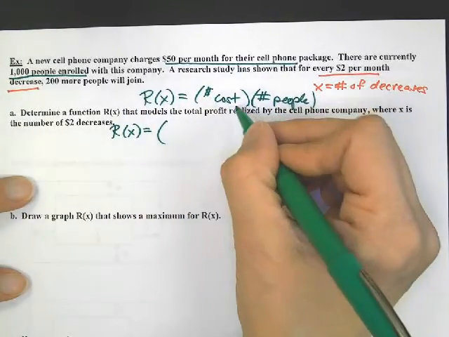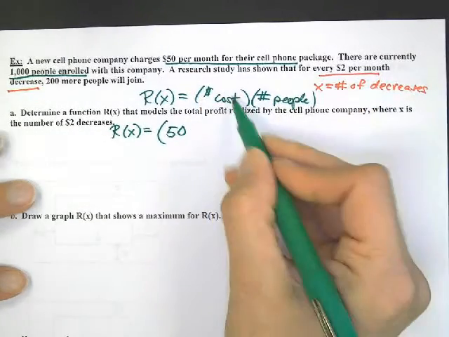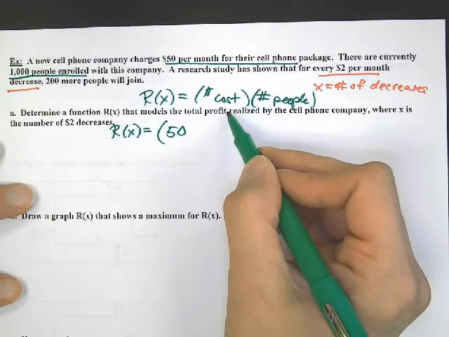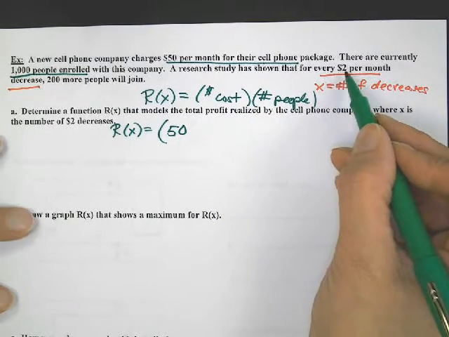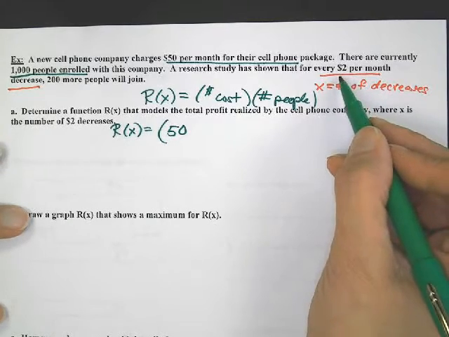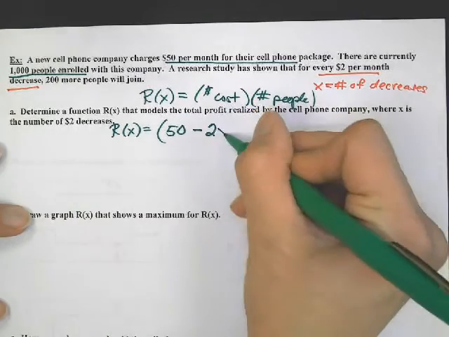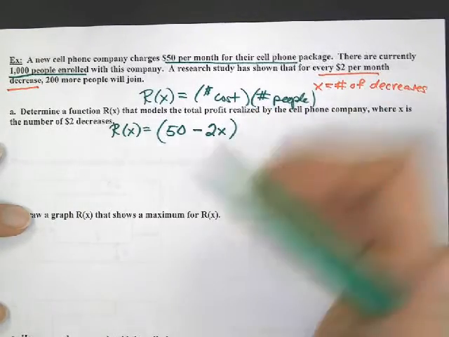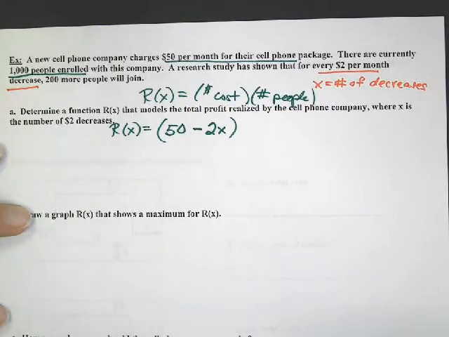What's the current cost? $50. Okay, and is that cost going up or down? Well, it says that they're going to decrease. They're going to go down. Are they just going down $2? Maybe not. They're going to go down $2 times every X, however many decreases they decide it's going to be beneficial for them. Actually, we're going to do that for them.